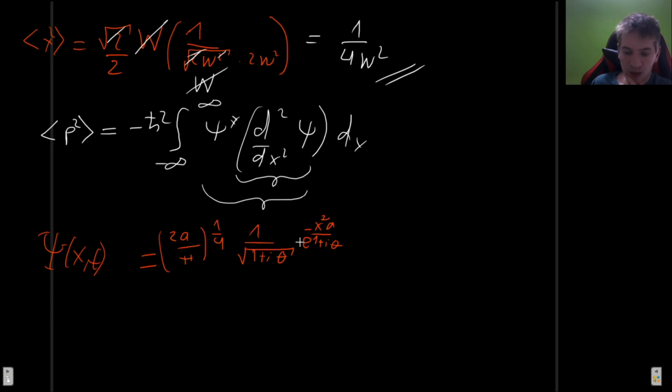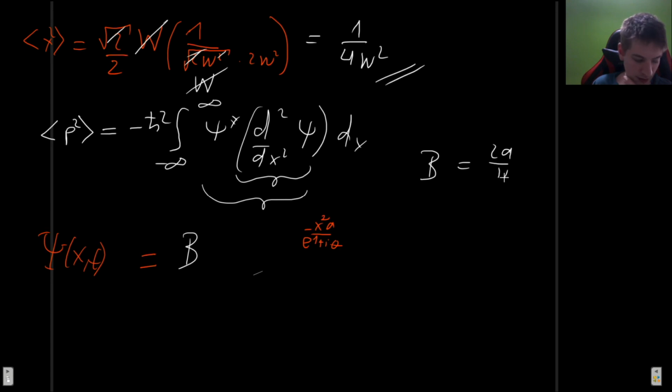So we have to now derive this twice. To make the notation cleaner, instead of that whole constant, we're just going to say this is large B. So B is going to be equal to 2a divided by pi, to the 1/4 power, times 1 divided by the square root of 1 plus i theta.